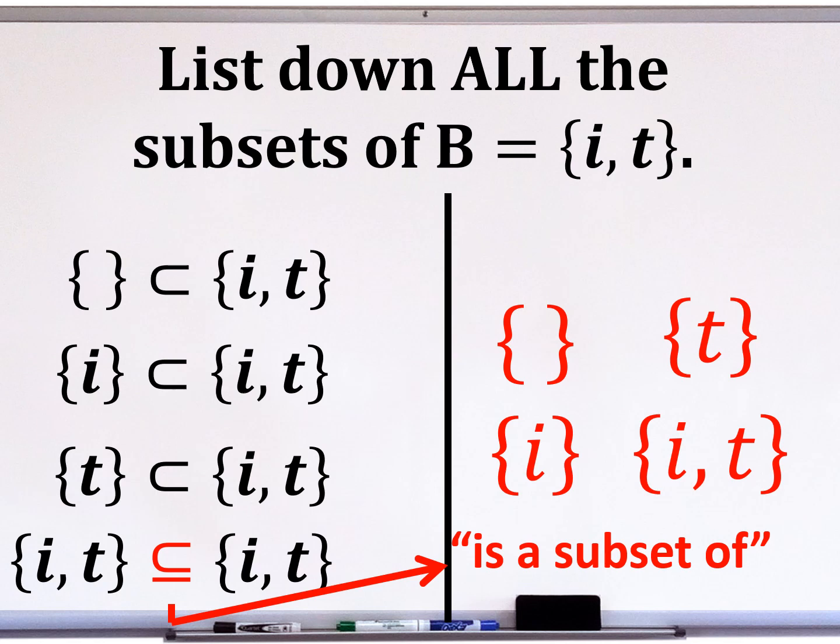It signifies subset of, not the proper subset of. That's the difference between the two. A proper subset contains a smaller number of elements, not equal to the total number of elements of the given set.